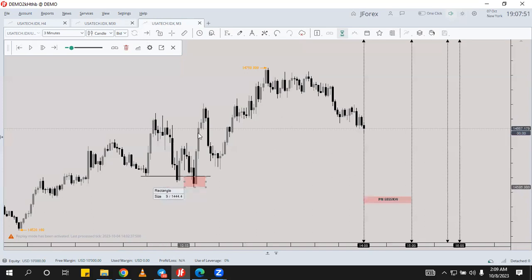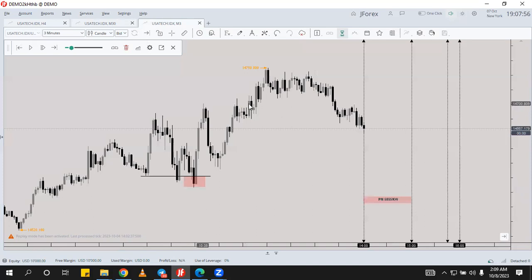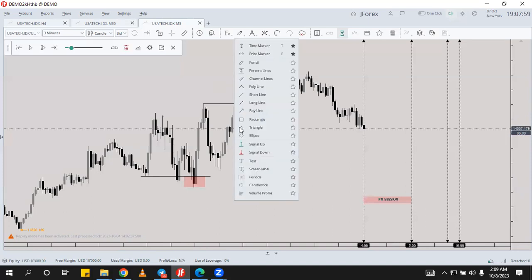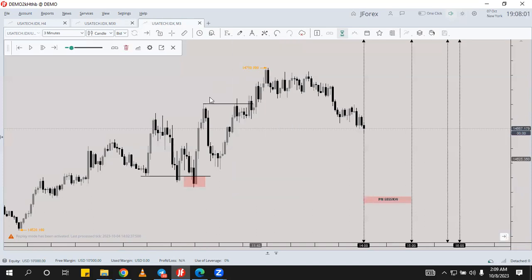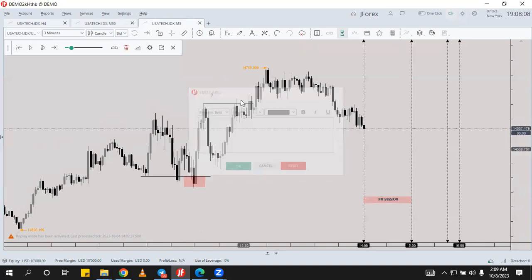So meaning it's a buy program that is being activated. And then somewhere here we had a market structure shift, as you can all see, a market structure shift somewhere there.